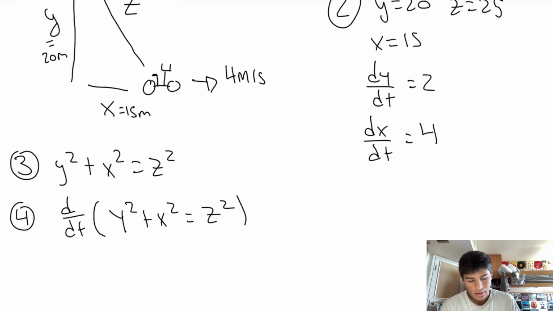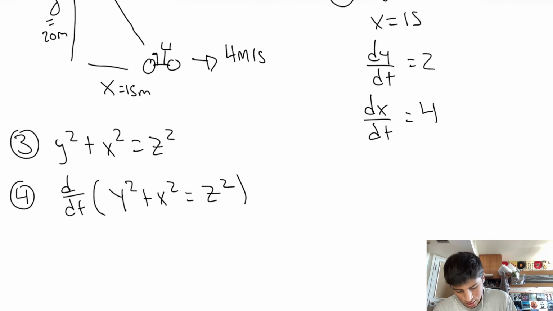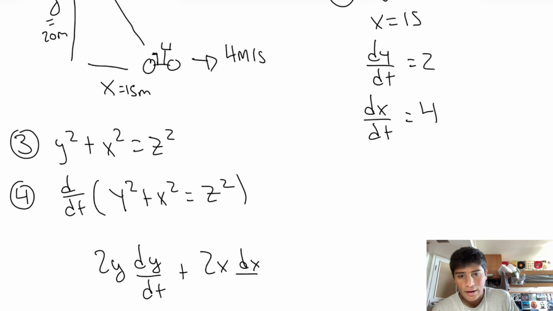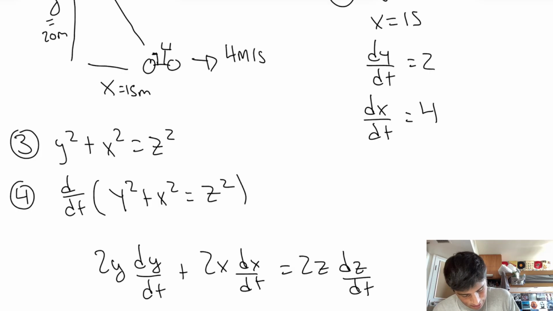And we get 2y dy over dt plus 2x dx over dt equals 2z dz over dt.